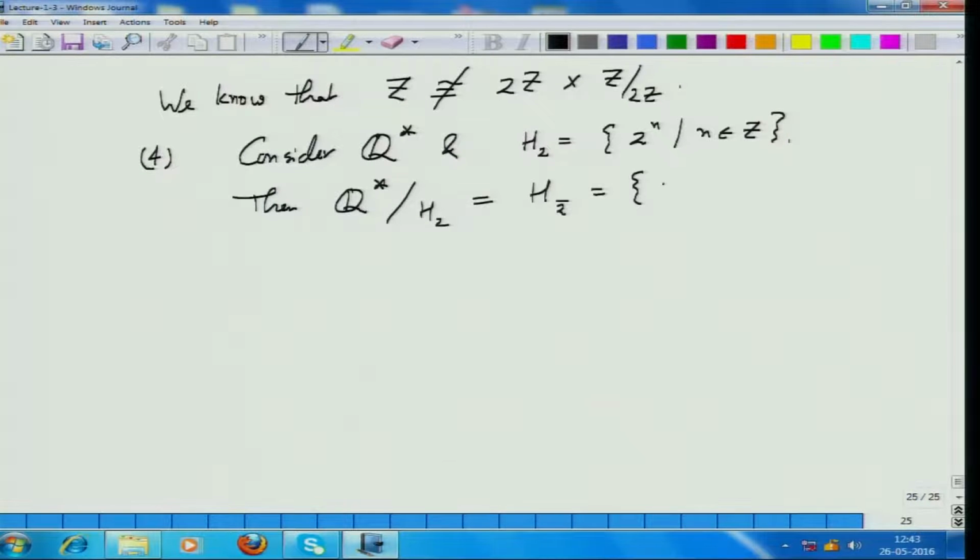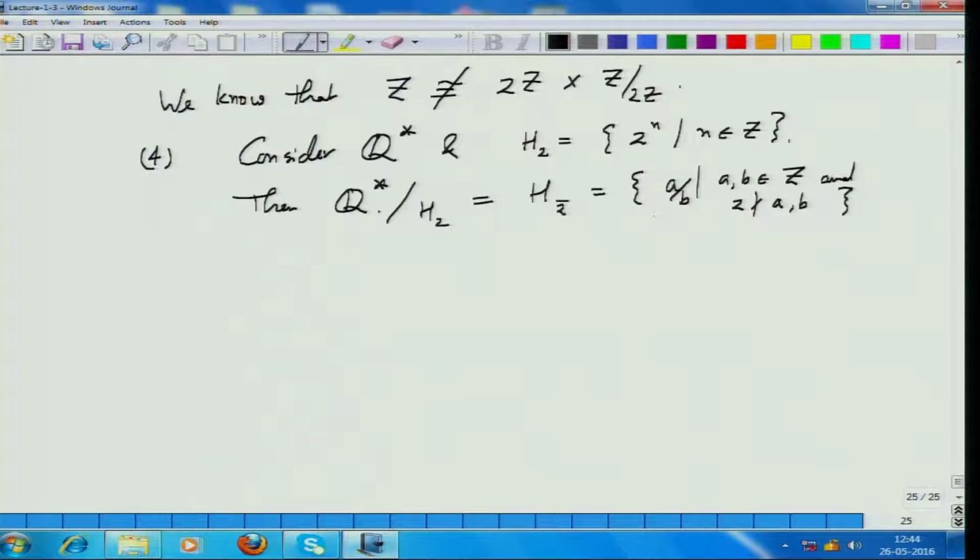This is the set of all rational numbers A by B such that A, B are in Z and 2 does not divide A or B.